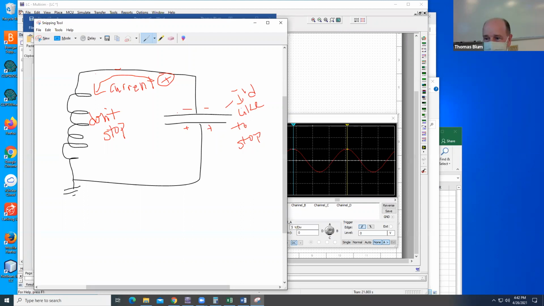And that is the back and forth oscillatory behavior. It has what we call a natural frequency. So this takes place at a certain amount of time known as the natural frequency.